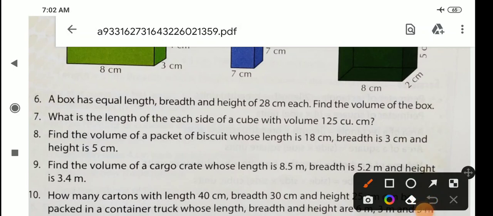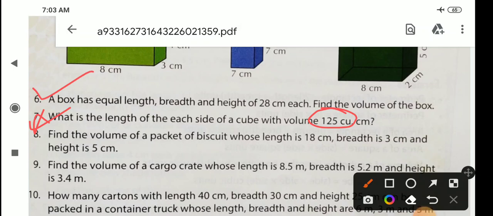Children, number 7 you don't do, because if you divide by 3 you don't get the answer. If you find out the cube root of 125, then you get the answer. You don't know how to find out cube root, so you don't do number 7. You do number 6, then comes to number 8.